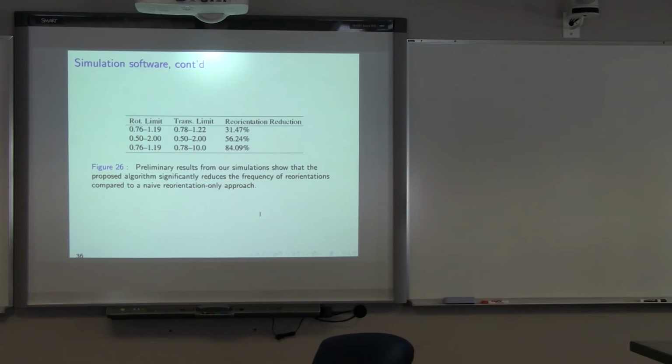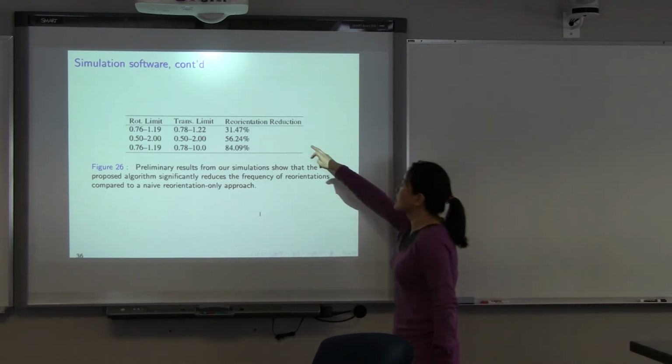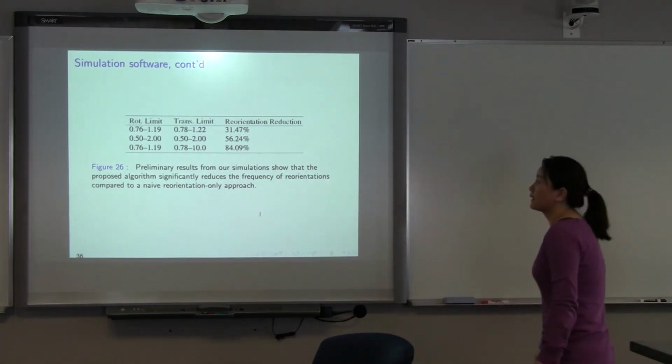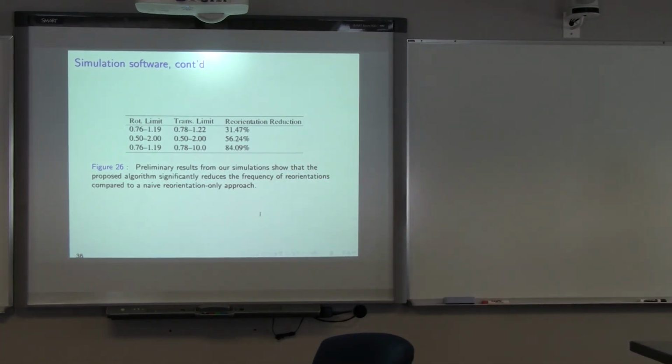The first two columns are the ranges that we use to insert our rotation gains and translation gains manipulations. The third column is the rate at which we reduce the collisions in the real world compared to the naive approach. The first row here is the general perceptual threshold suggested by the Steinicke study.